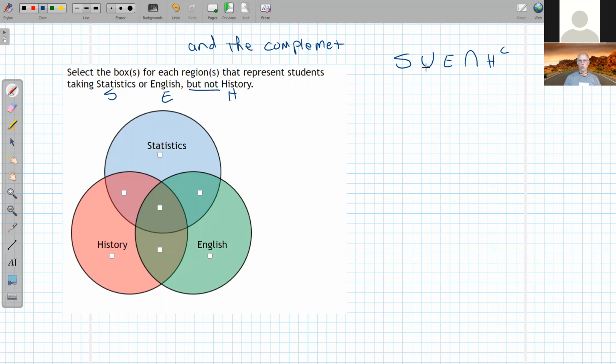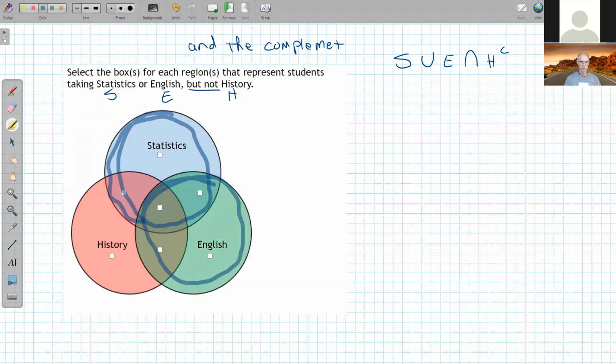So that means I want to take everything, so highlighter, everything that's in statistics here, everything that's in English here, so that's that whole figure 8, but then this says and outside of history. So as far as outside history goes, that would mean this stuff out here, but these guys are off limits.